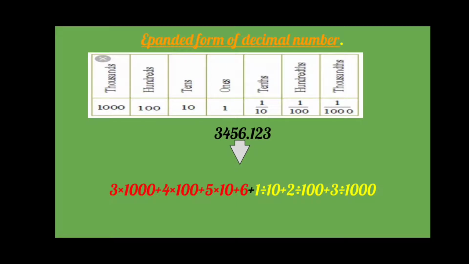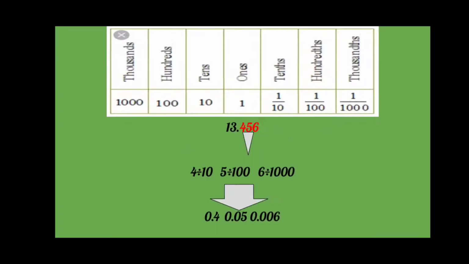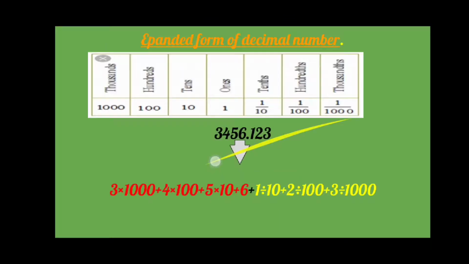Expanded form of decimal number. Now, you have to write this number in the expanded form. Like I've explained here, all the numbers on the right side after the point will be divided by multiples of 10. The opposite thing happens for the numbers before the point. 6 is in the 1 place, so it will be multiplied with 1. 5 is in the 10 place, so it will be multiplied with 10. 4 is in the 100 place, so it will be multiplied with 100. 3 is in the 1000 place, so it will be multiplied by 1000.